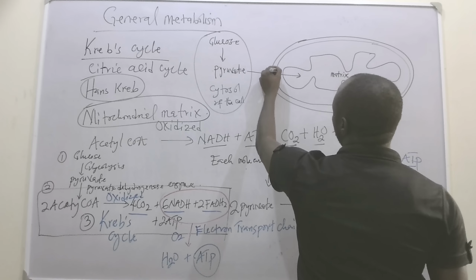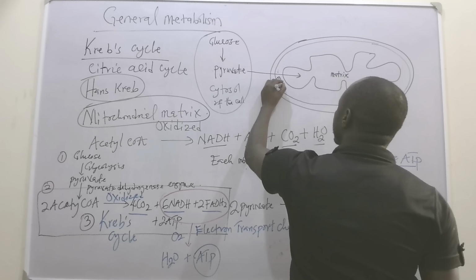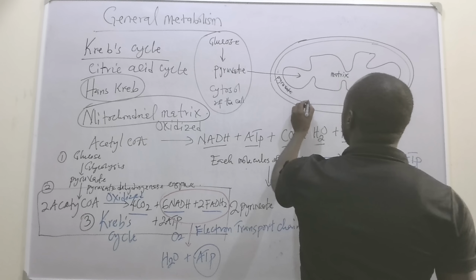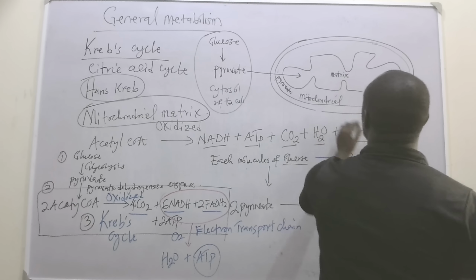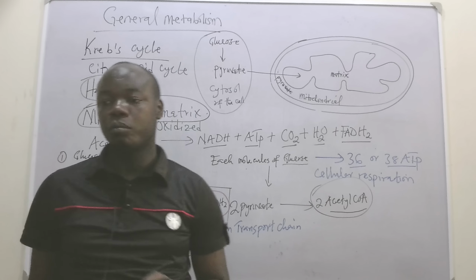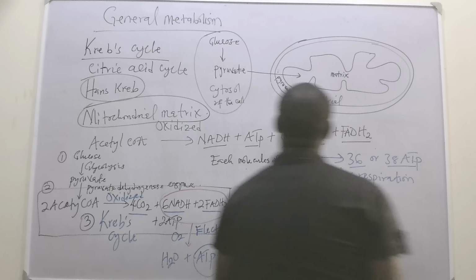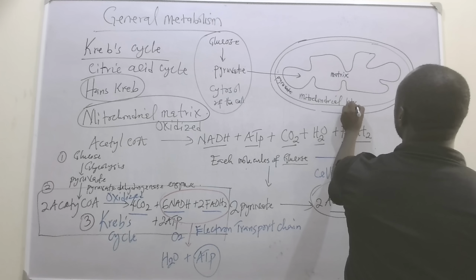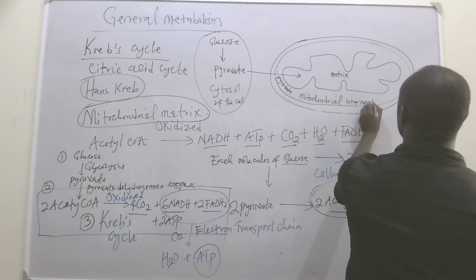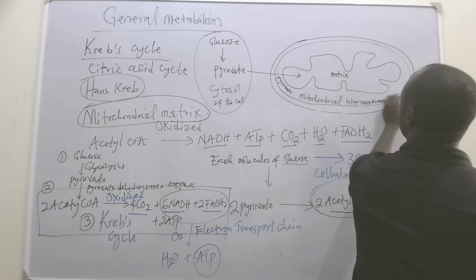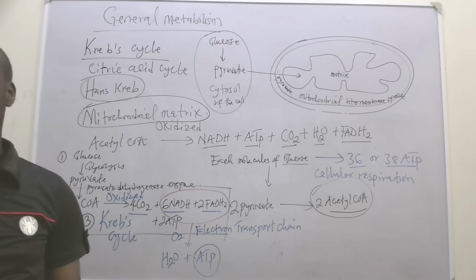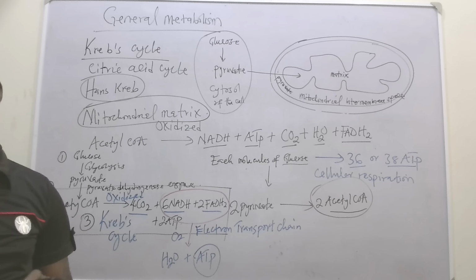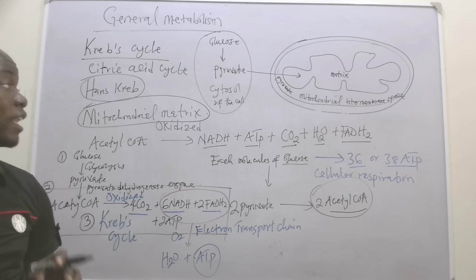The pyruvate can get into the inner mitochondrial intermembrane space through a non-selective process.